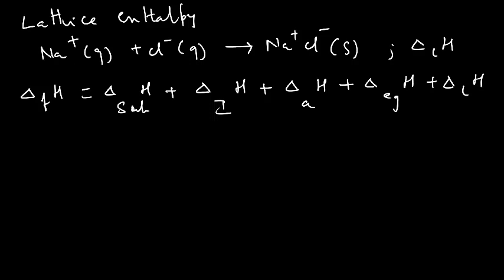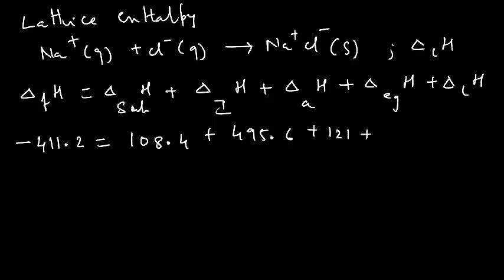Now let us substitute all the values in this equation. So this is minus 411.2 is equal to 108.4 plus 495.6, and enthalpy of atomization 121, electron gain enthalpy, this is minus 348.6, and of course lattice enthalpy we have to find.